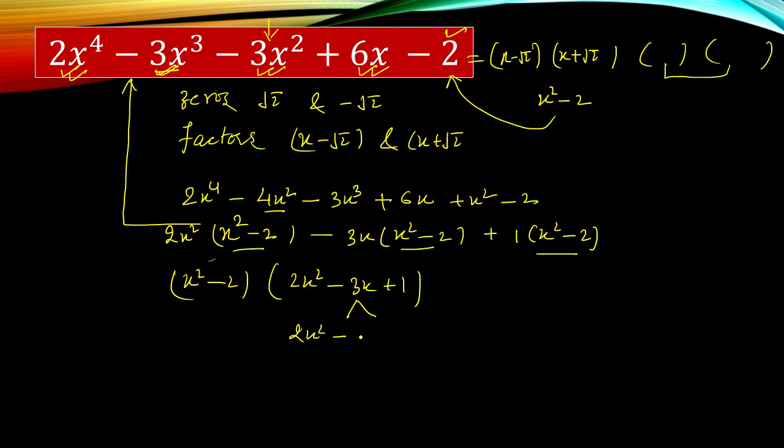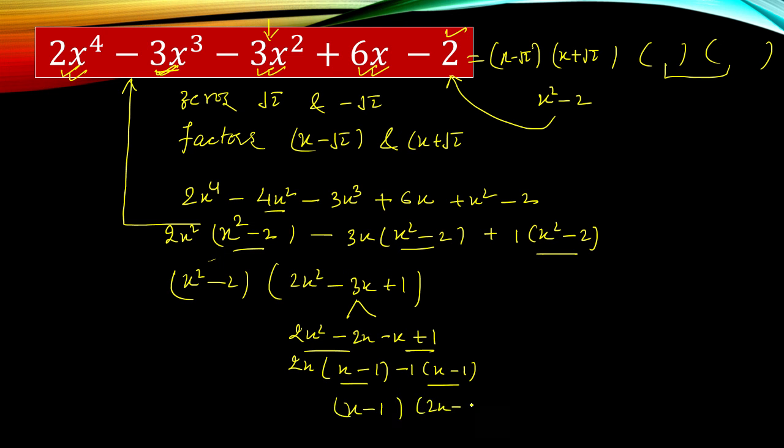So 2x square minus 2x minus x plus 1. Taking 2x common, x minus 1 is the first factor, and taking minus 1 common, we get 2x minus 1 as the second factor. So the third factor is x minus 1 and the fourth factor is 2x minus 1.